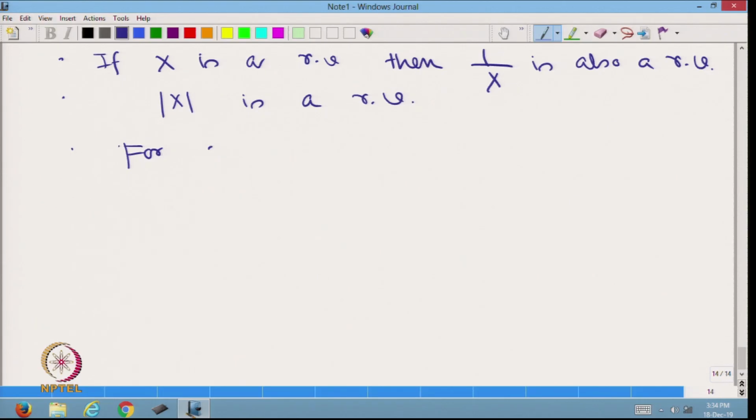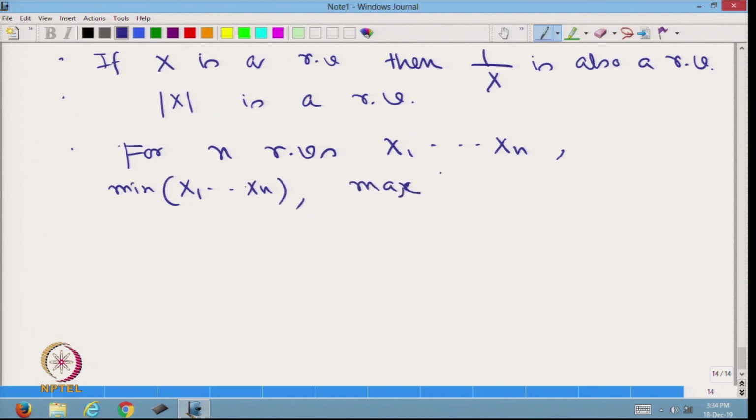For n random variables X1, X2, Xn, minimum of X1, X2, Xn, maximum of X1, X2, Xn are random variables.